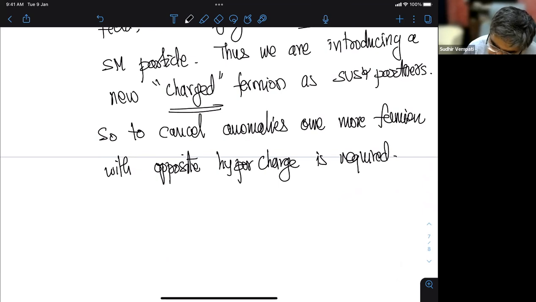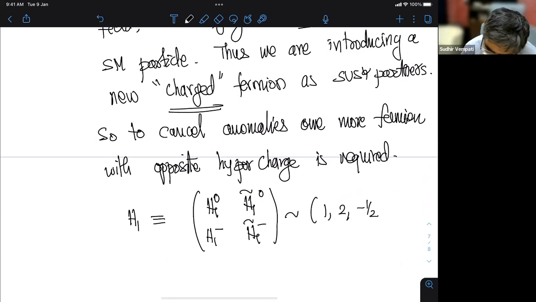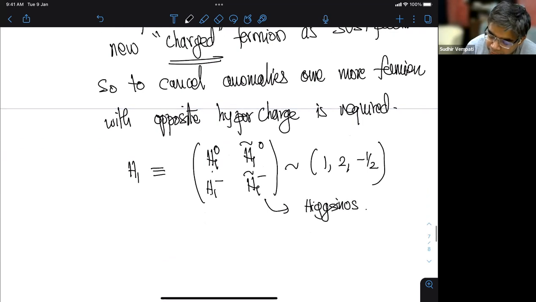So let's look at the two Higgses which we introduce. H1 will be H1 0 and H1 0 tilde, H1 minus and H1 minus tilde. This is one Higgs doublet, which transforms as (1, 2, minus 1/2). These are your scalars, and the tildes are your fermions, called Higgsinos.